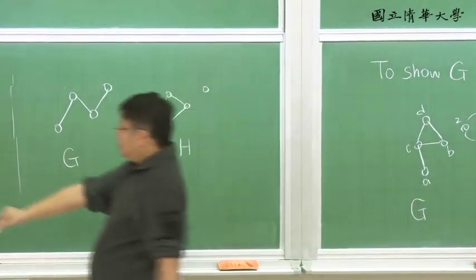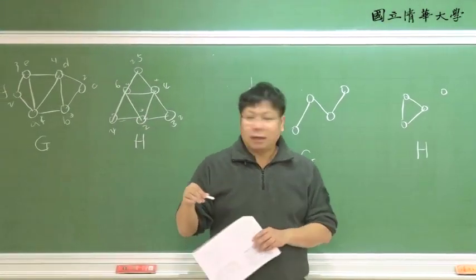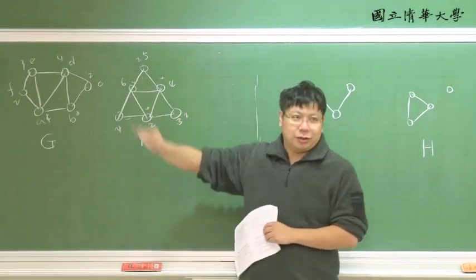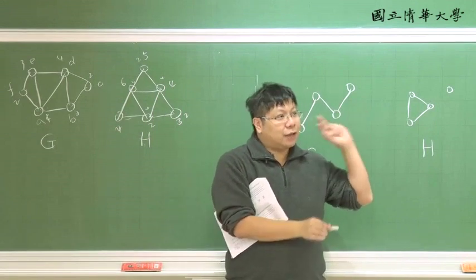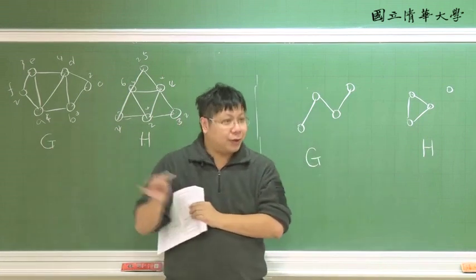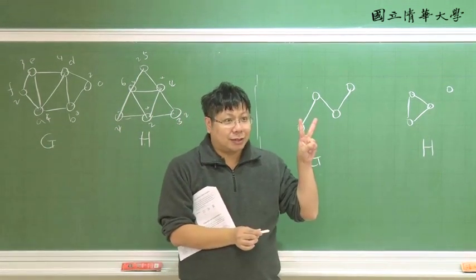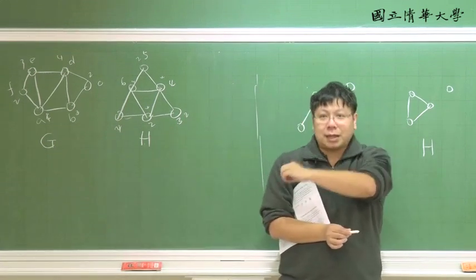So just take a look at this graph. On H, there are 3 vertices with degree 2. Now if they are isomorphic, then G should have 3 vertices of degree 2, because it is going to be a mapping between vertices from one side to the other.